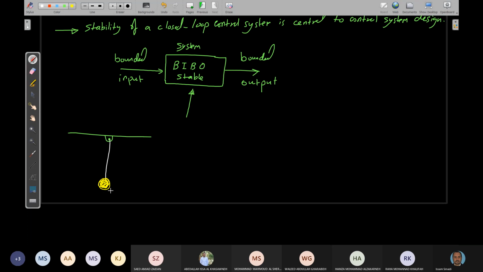And simply this joint, I can move it in a clockwise or counterclockwise direction. Now let's discuss the first scenario. Let's assume that the system is starting from the following point. And now it's free to oscillate. What will happen to this system?